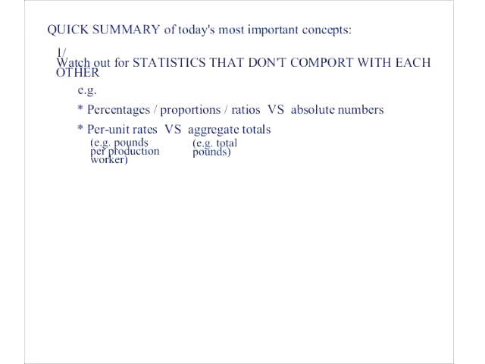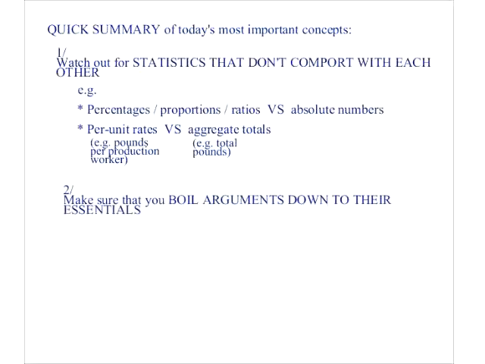And then the only other major theme of today's lesson was to make sure that you boil arguments down to their essentials. Figure out what matters. Figure out what affects the actual conclusion or line of reasoning in the argument.